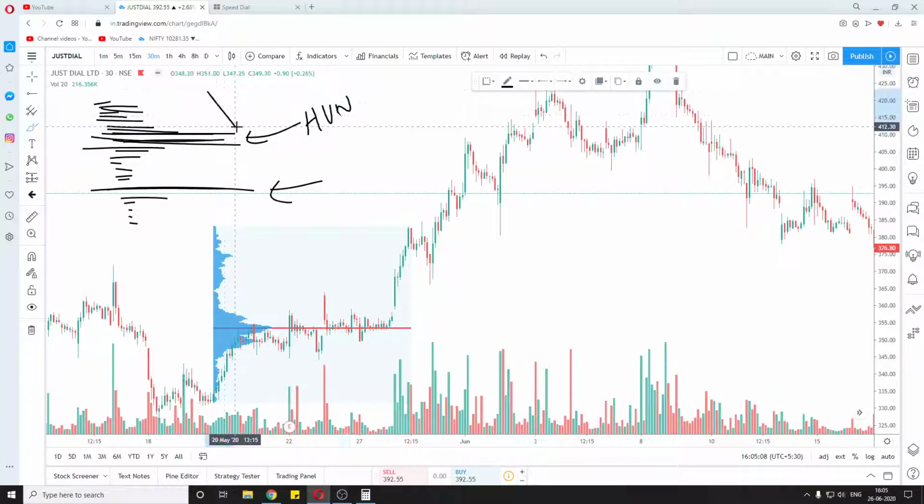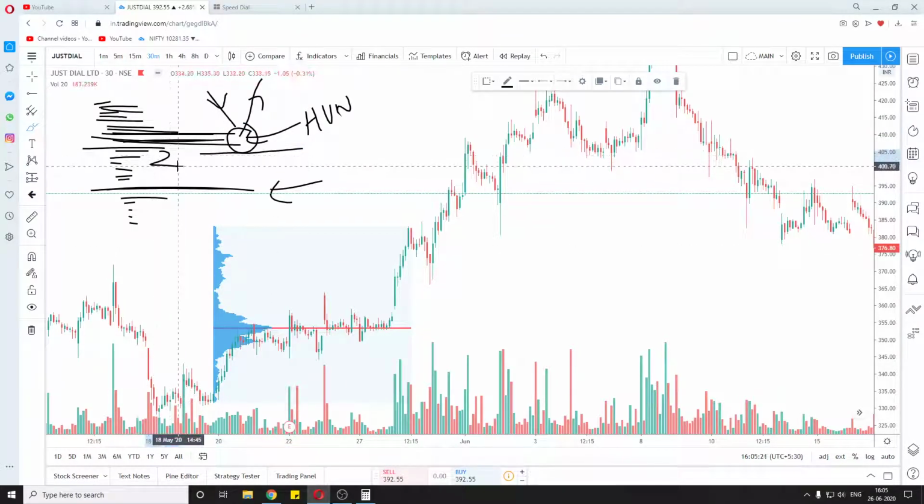So let's say we are buying, the price is coming down and we are buying here. So what happens is, if the price goes below this HVN, that is the price comes somewhere around here, then the price will move very fast in this low value areas and directly go to the next HVN. So to place the stop loss, we just place the stop loss just below the HVN.